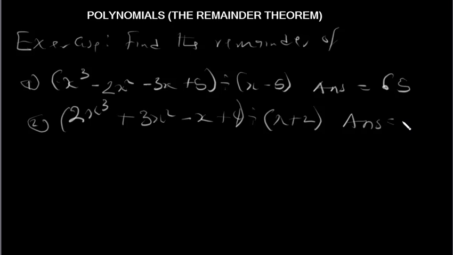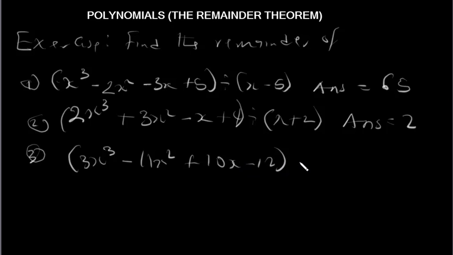Answer equals 2. Then 3x cubed minus 11x squared plus 10x minus 12 divided by x minus 3. Answer equals 0.